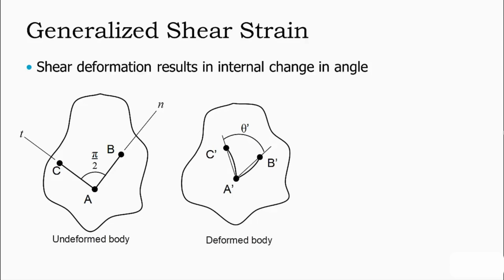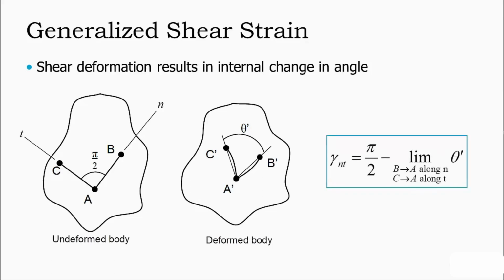In this instance, the angle became smaller and became the angle theta prime. Now we can define our shear strain in the nt coordinate frame as pi over 2 radians minus theta prime, in the limit as point B approaches point A in the direction of n, and as point C approaches point A in the direction of t. This will give us the shear strain in the nt plane.